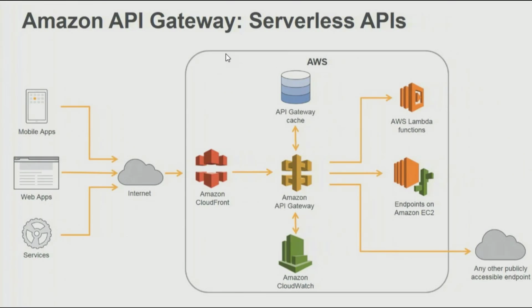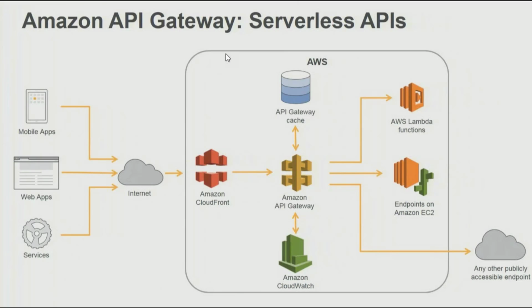So here's the structure of it. We talk about mobile in this discussion, but a lot of it's web apps, IoT, services, whatever it is, going into a serverless API. So API Gateway is fronted with CloudFront, so it gives you those many edge points that we offer around the world for the global deployment. And then it'll go into API Gateway, which tracks the CloudWatch logs, and then you can also offer caching.